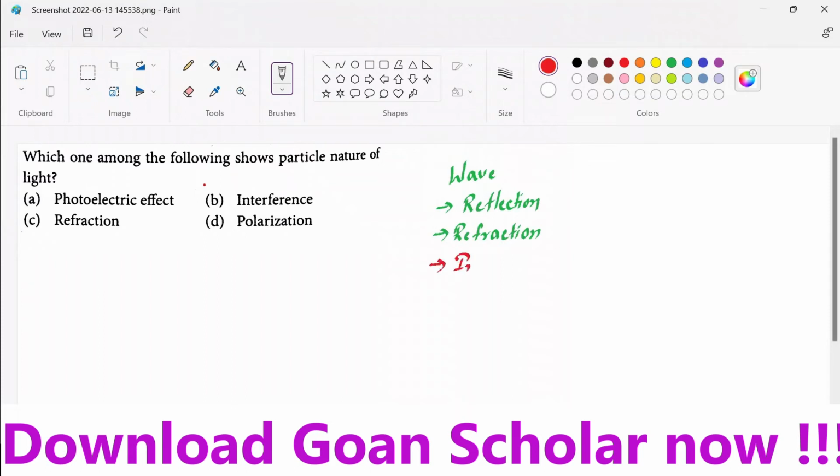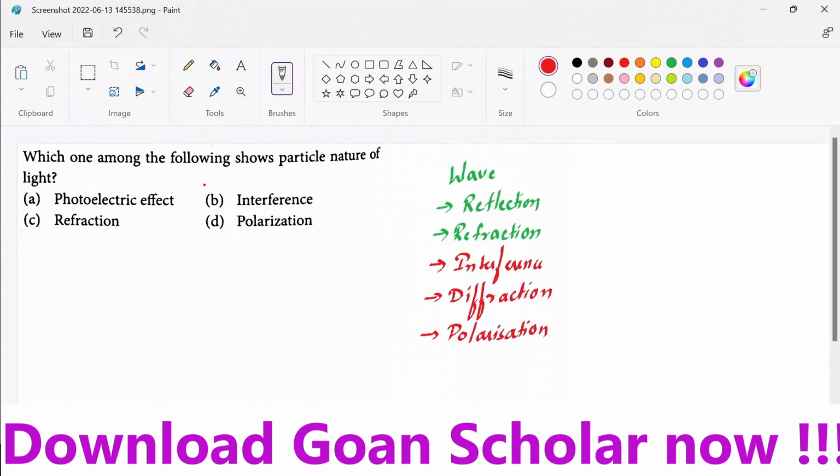You can't prove interference using particle nature. Diffraction you can't prove using particle nature. And even polarization. That was omitted this year, but you should know that polarization also can't be proven using particle nature.